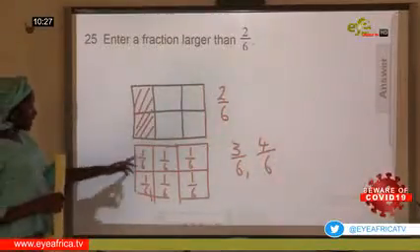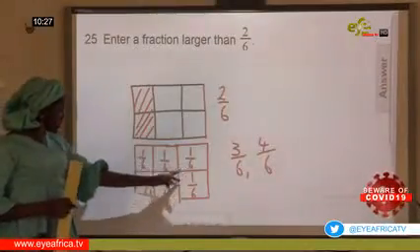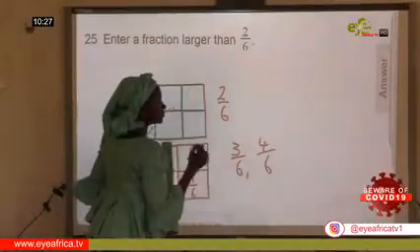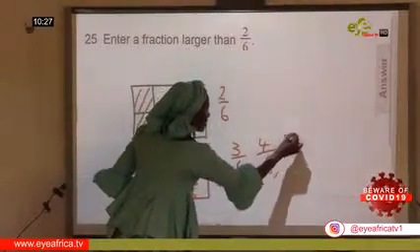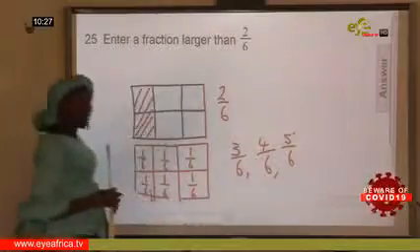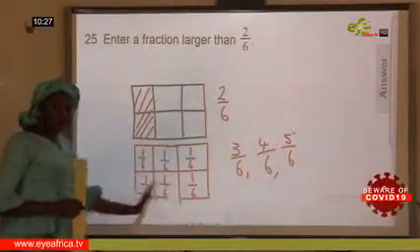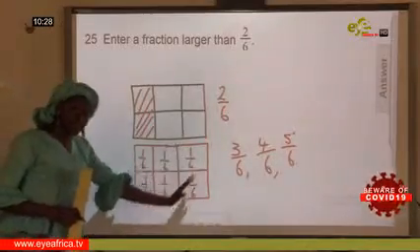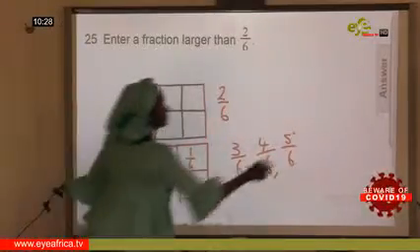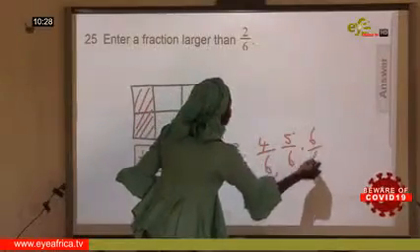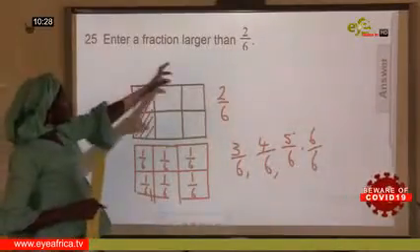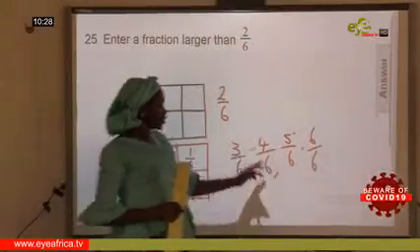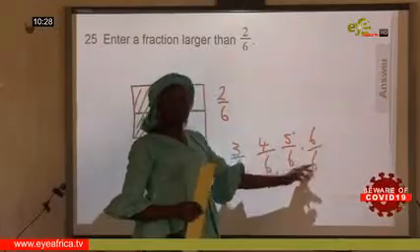Or we may have 1/6 plus 1/6 plus 1/6 plus 1/6 plus 1/6, which is 5/6, or the whole diagram, which is 6/6, which is a whole. So fractions which are larger than 2/6 are 3/6, 4/6, 5/6, and 6/6.